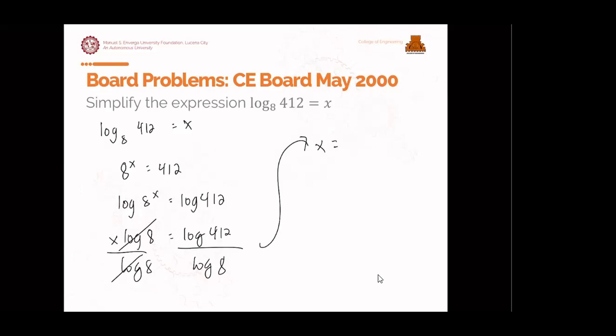Using the calculator, make sure both the numerator and denominator have the log. The value is 2.8955, or roughly 2.9. That is our answer.